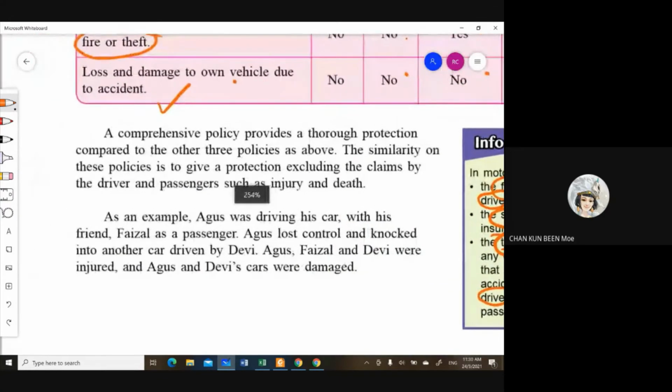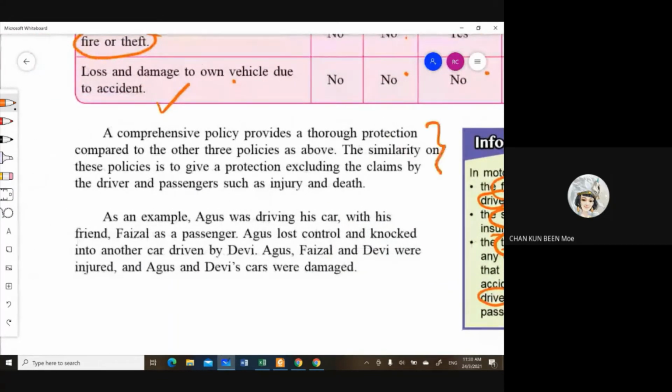Okay, so you can look at the paragraph even here. This one, a comprehensive policy provides a thorough protection compared to the other 3 policies as above. The similarity on this policy is to give a protection excluding the claims by the driver and passengers such as injury and death. Okay, which means it doesn't include the claim by the driver and passengers such as injury and death. As an example, Agus was driving his car. So over here, Agus, the driver, with his friend Faisal.